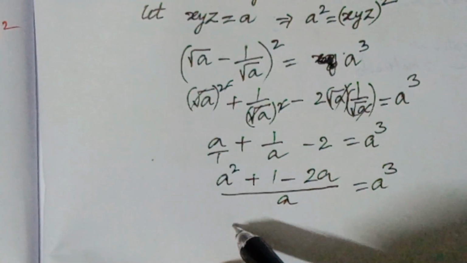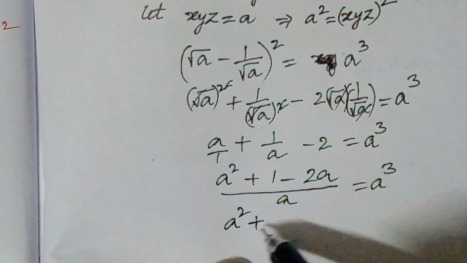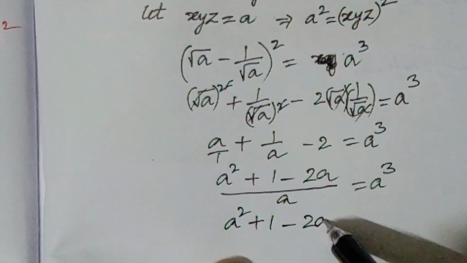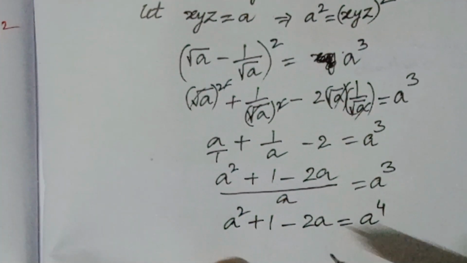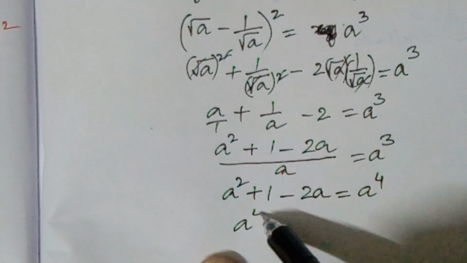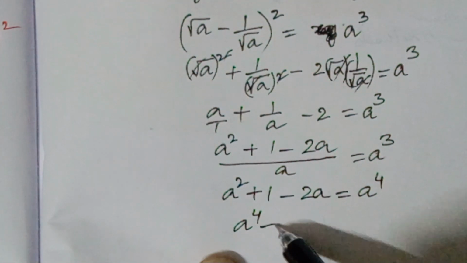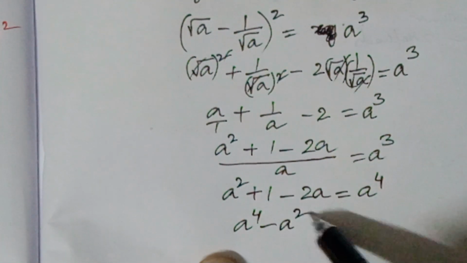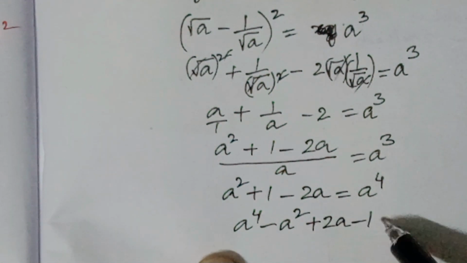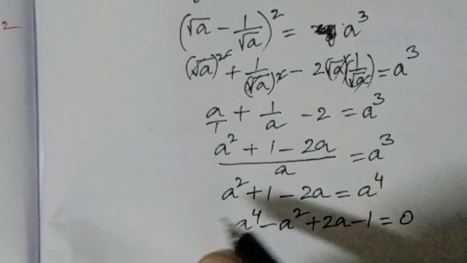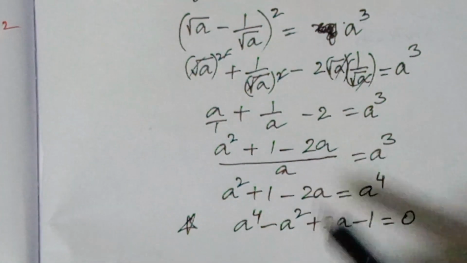Now if you multiply this, a square plus 1 minus 2a is equal to a to the power of 4. Now here you are getting a fourth degree equation, a power 4 minus a square plus 2a minus 1 equal to 0. So this step is very very important now.